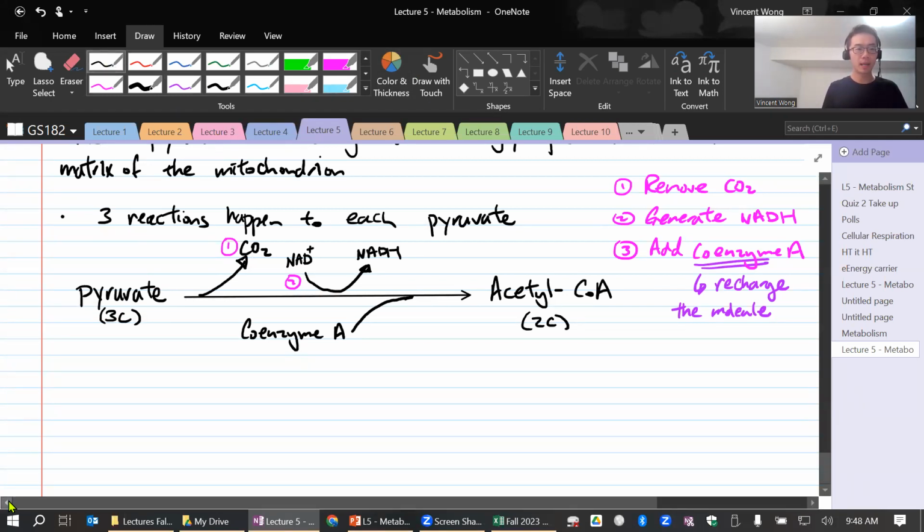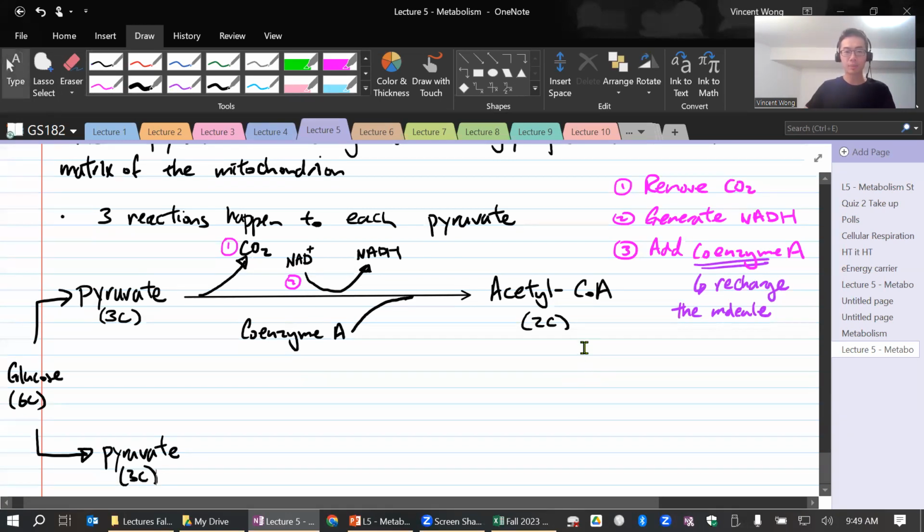Okay. So I want to reiterate to you that we started with glucose, 6 carbon. The glucose, which is 6 carbon, is split into 2 pyruvate, 3 carbons each, right?